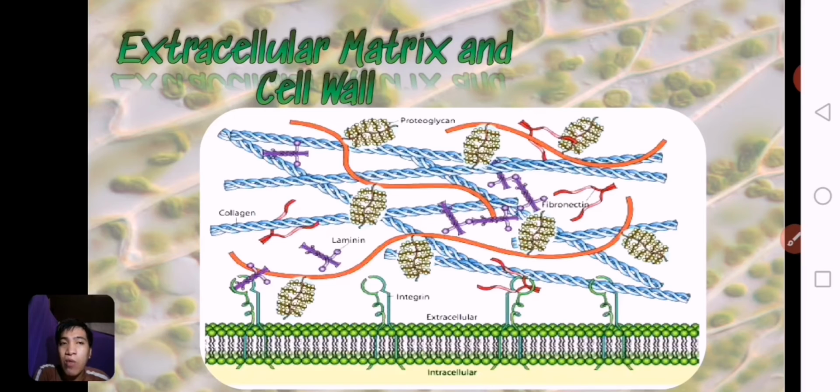So, the cell wall has other components, other functions, or other parts of the organism that can also help the cell to work.